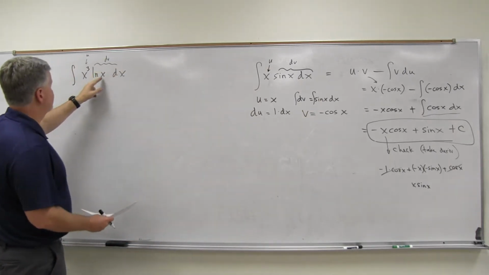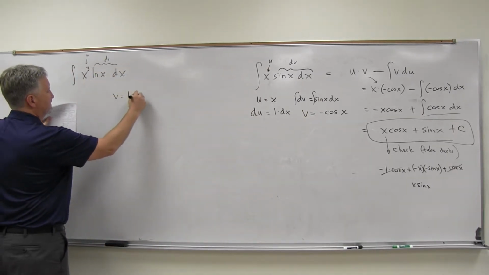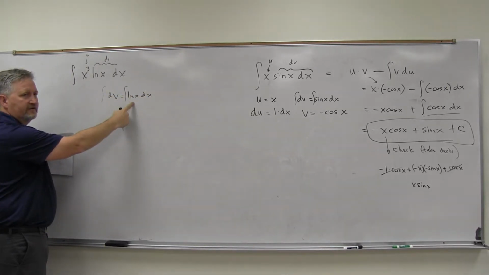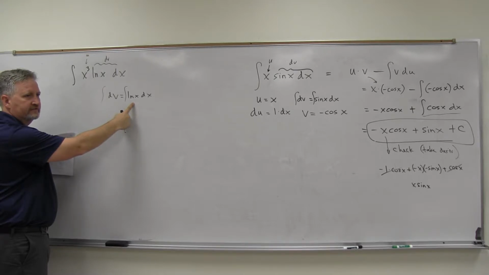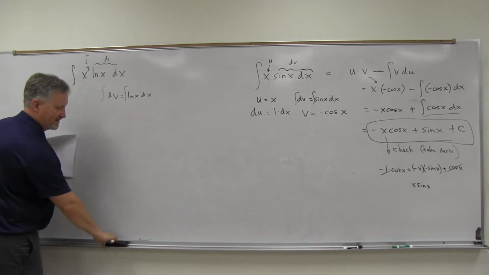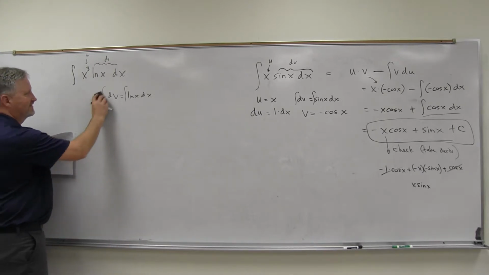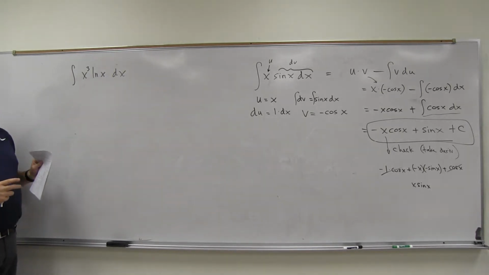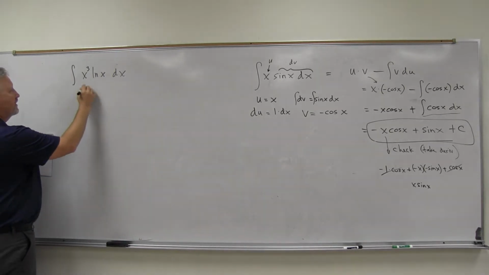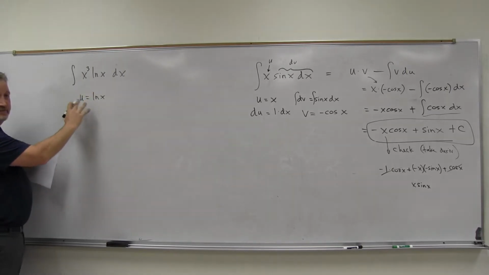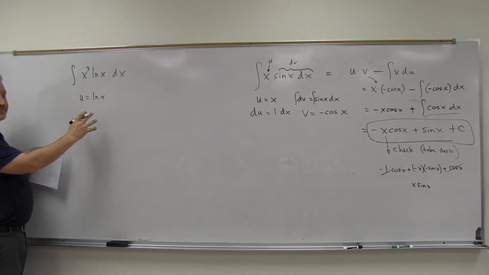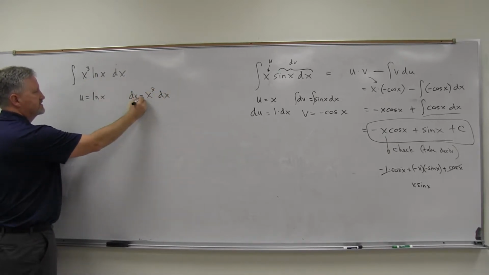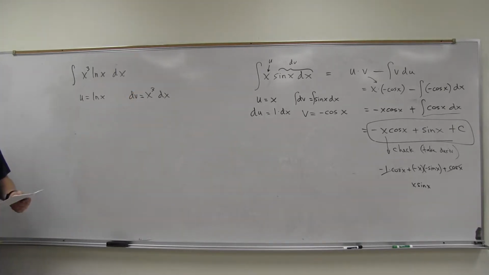If I do the integral of ln of x dx for dv, I don't know anything about that. Well, we can figure it out, but it's not as easy as some others. So sometimes I can help you decide what integral is that going to make me be doing? Now here, u equals ln of x, because that's going to be a much easier derivative than an integral, right? And then dv is the rest of the stuff, x cubed dx, simply because it sets up an easier integral that way.